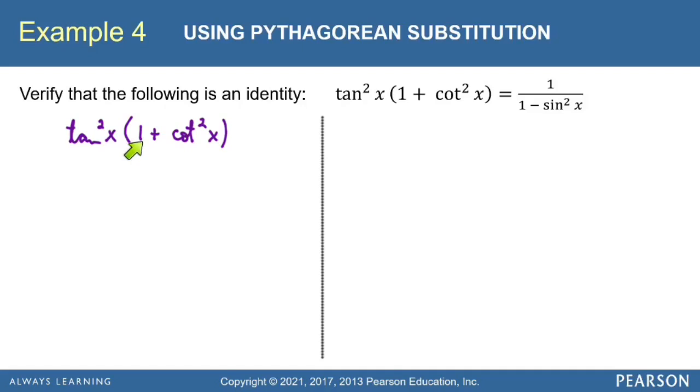So I'm going to circle that parentheses there because I know that I'm going to replace what's inside the parentheses with cosecant squared x. So now on the next line, let's keep our tangent squared x and let's replace what we have circled here with cosecant squared x.